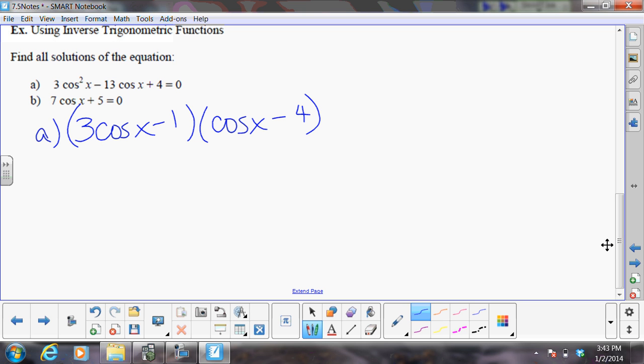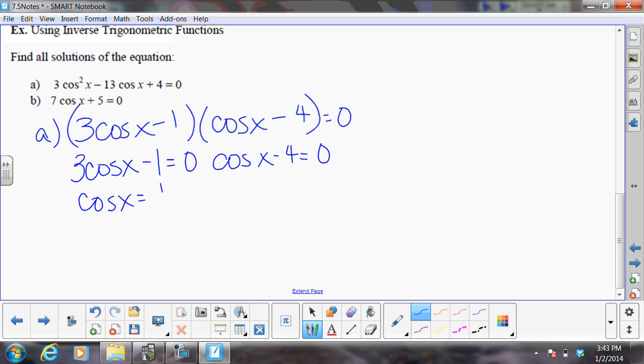Well, they are both negative. Set them each equal to 0. So the first one, cosine x equals a third. Second one, cosine x equals a fourth. Well, that can't exist, so cross it out. Cosine x equals a third.